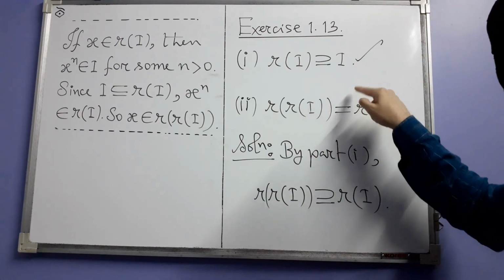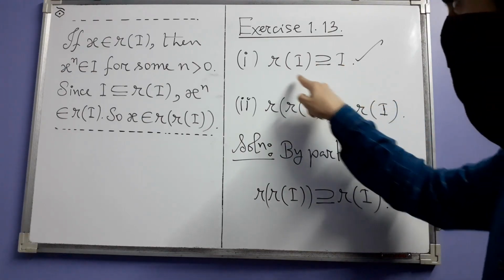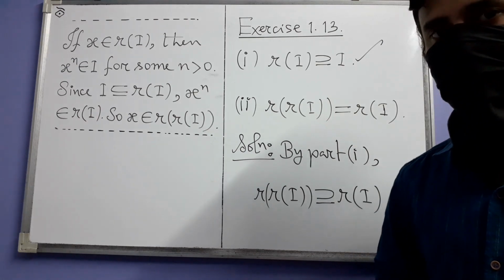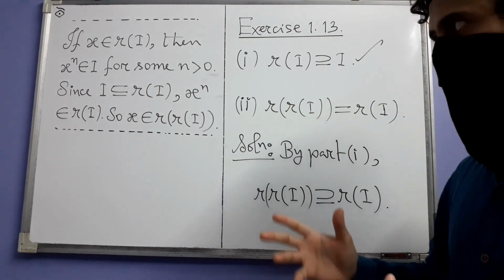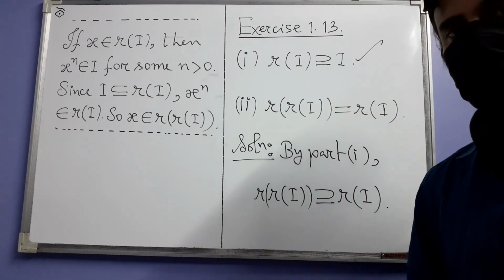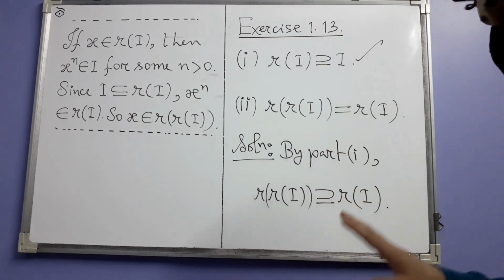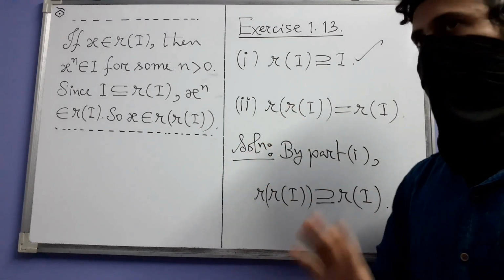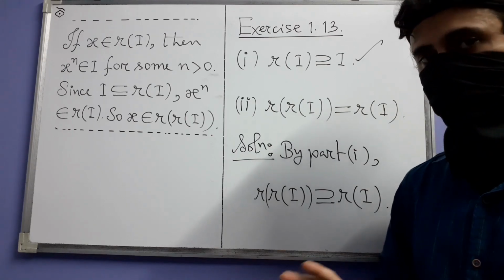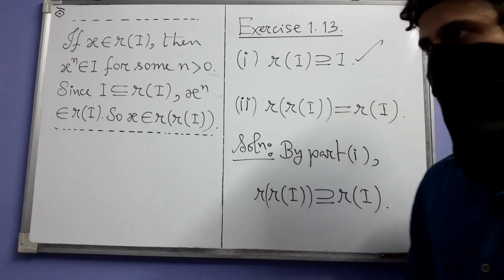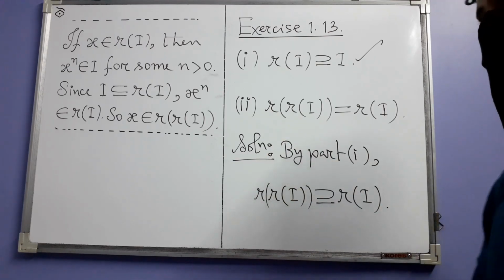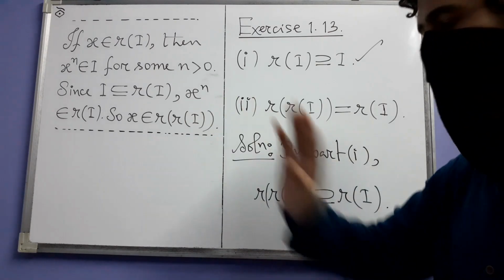So if some power of x is here, then automatically that is here, so that thing will belong to R of I. It may seem like we are really skipping too much, but you will get used to it. Even if you want to write like this, you have to yourself be absolutely sure that what you are writing is really correct. Okay, then you can skip parts like this. It's not a very big matter. There is no unusual twist in this.